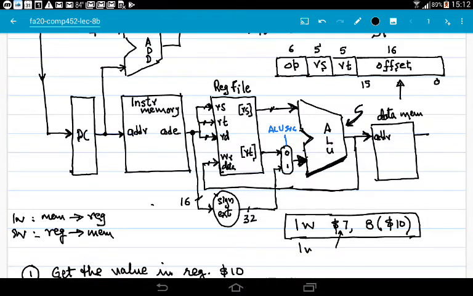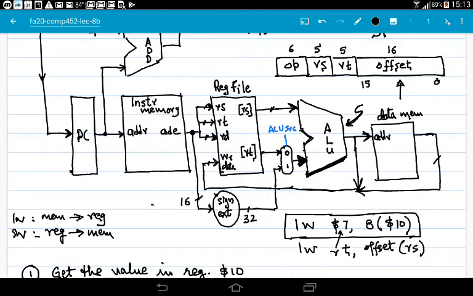So we have LW, then we have RT, comma, offset, and then we have RS. Okay, so this data output, the data coming from data memory, must go to the register file.